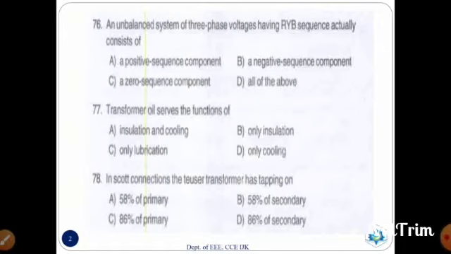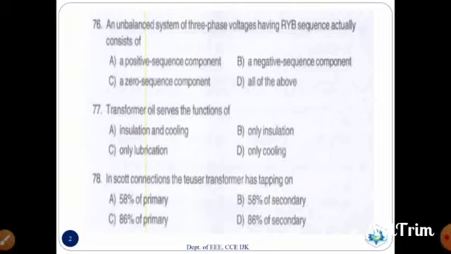Moving to question 76, an unbalanced system of three-phase voltage having RYB phase sequence actually consists of. Any unbalanced system can be resolved into three component sets of balanced phasors. A positive sequence component consisting of a set of three phasors of equal magnitude and displaced from each other 120 degrees in phase and having a phase sequence same as the original system.